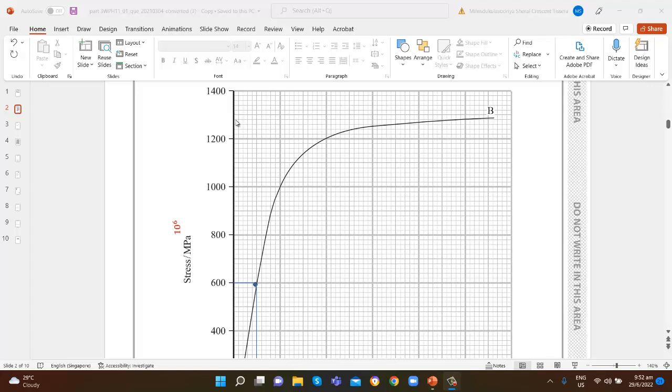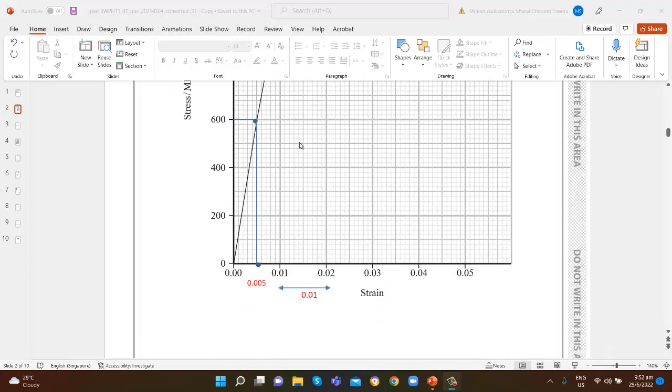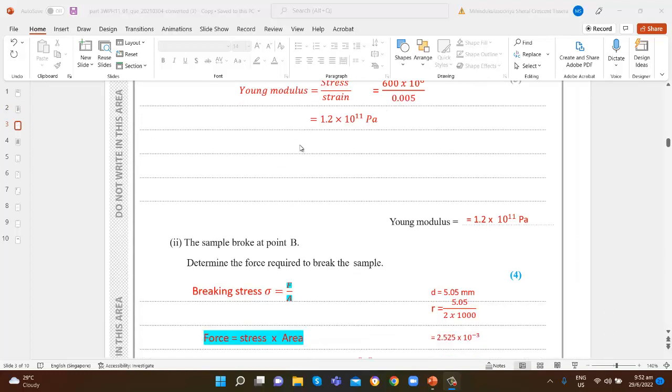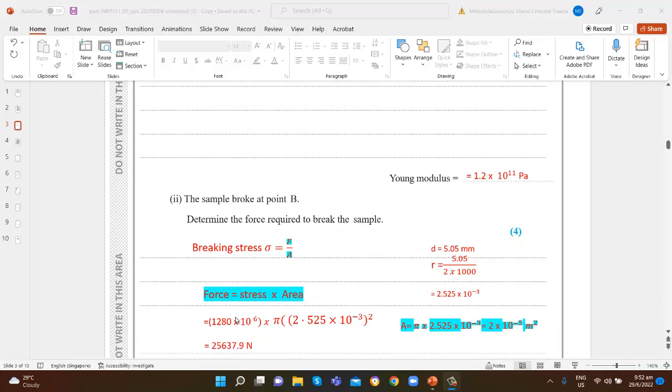So 1 square less, where 1 square is 20, is 1280. That is megapascal. So you have to multiply by 10 to the power 6 to get pascal.